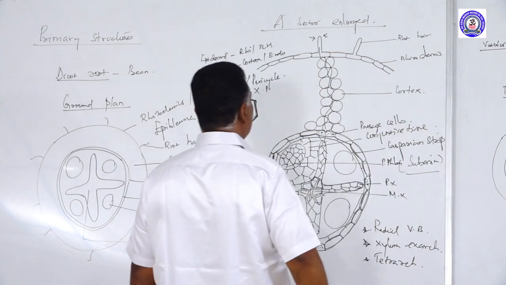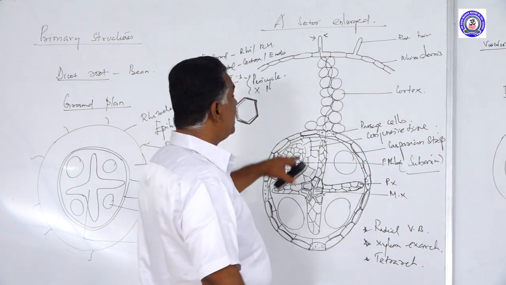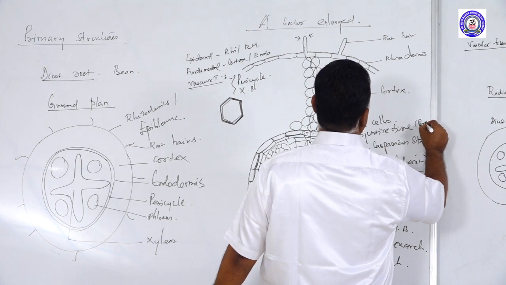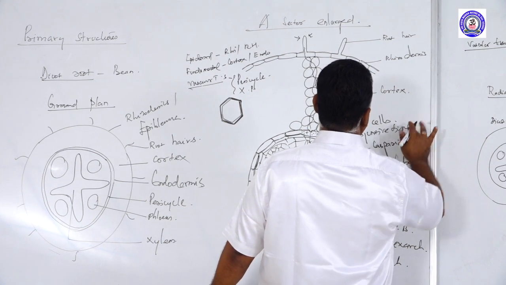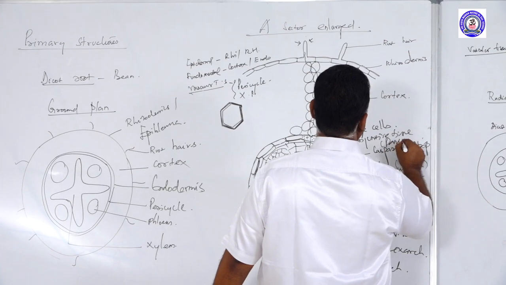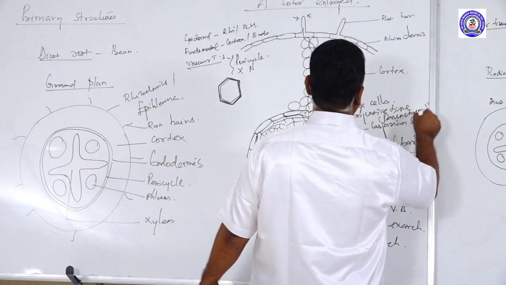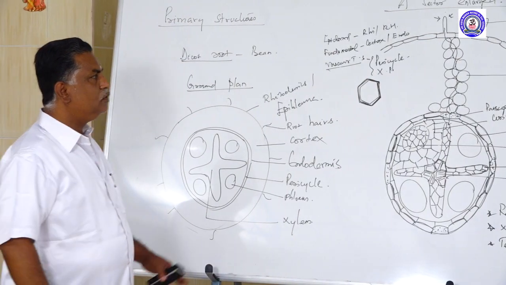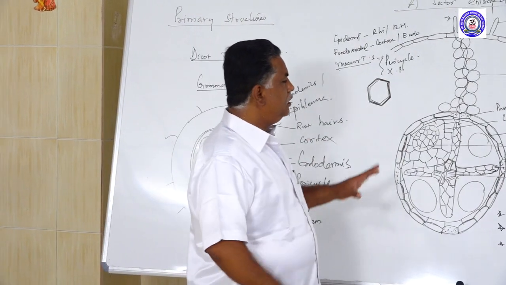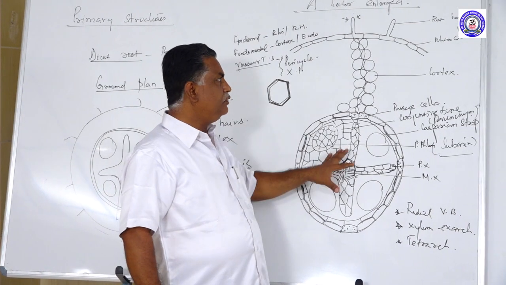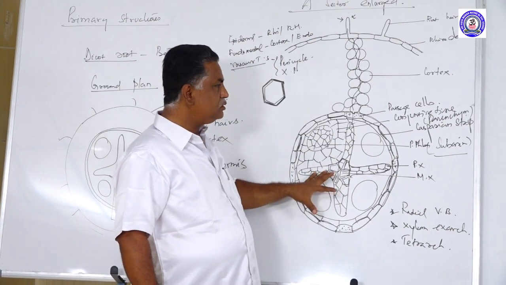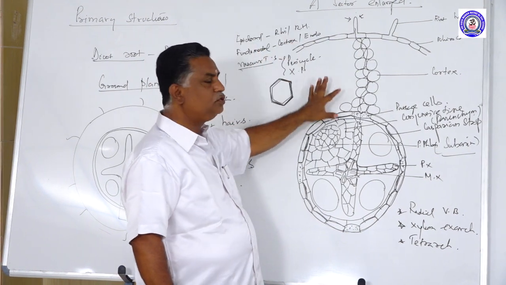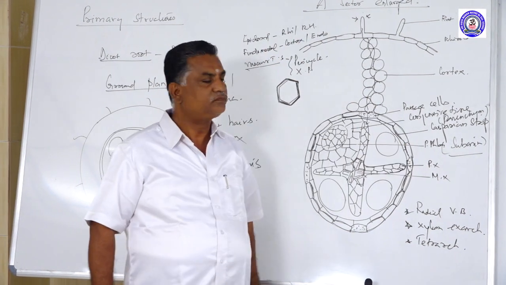What is the conjunctive tissue in dicot made of? Parenchymatous. So these are the anatomical features, or internal structure, or pattern of arrangement of epidermal, fundamental and vascular tissue in the dicot root.